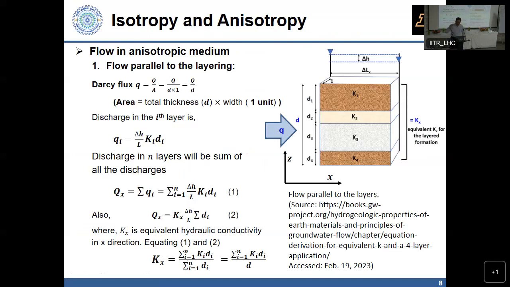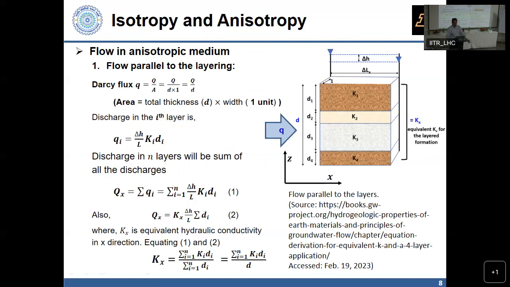I'm trying to figure out what I can say about the flow in this particular scenario. While we do have K1, K2, K3, K4, and so on, and water is essentially moving in the horizontal direction, what I would like to do is assign one single effective hydraulic conductivity in the horizontal direction, which will describe bulk movement of flow throughout the thickness of this aquifer, throughout all those layers.